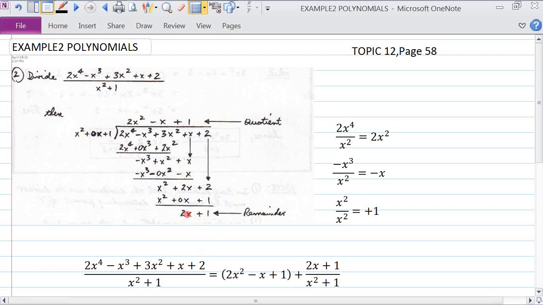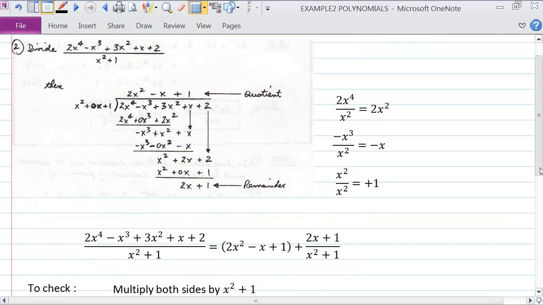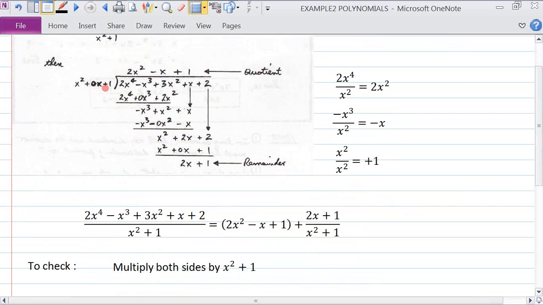So you have to end the problem when the power in the remainder, which here is 1, is less than this. So what we're saying here is, if we take this and divide it by this, okay?